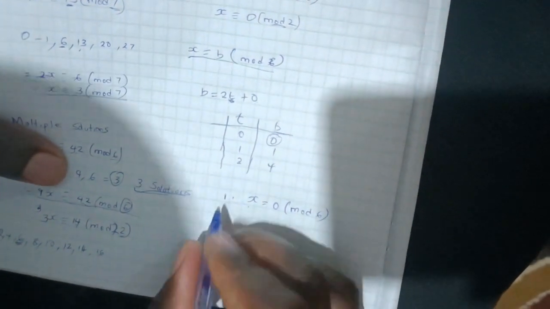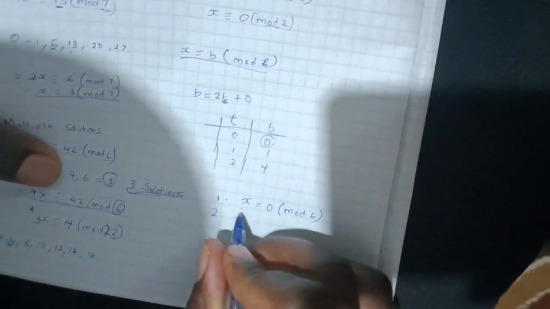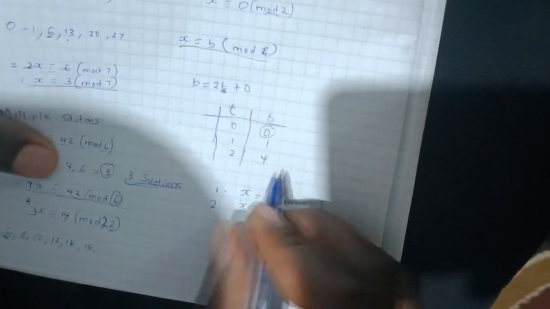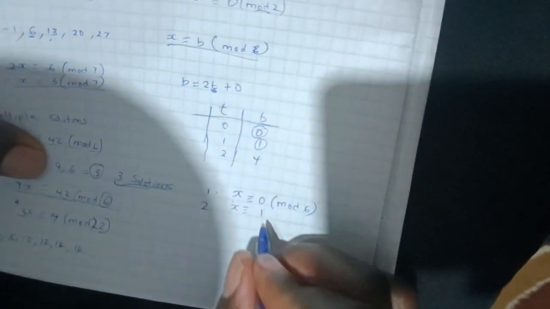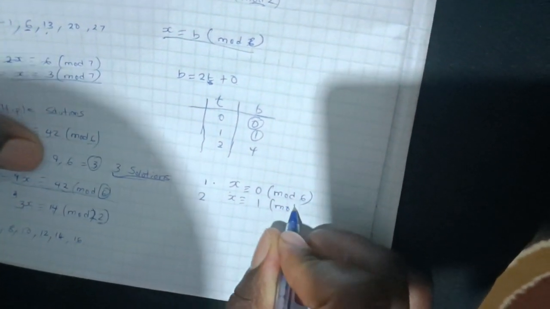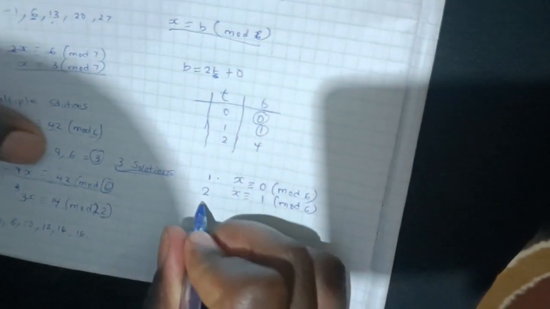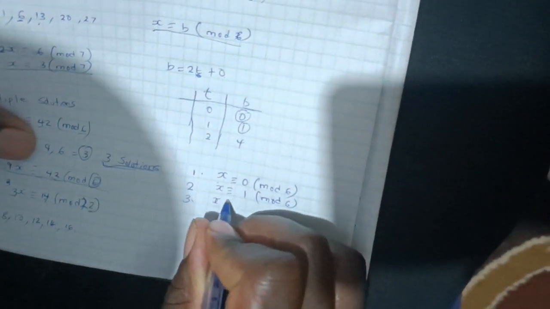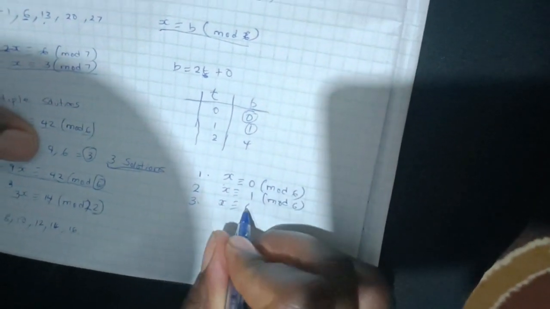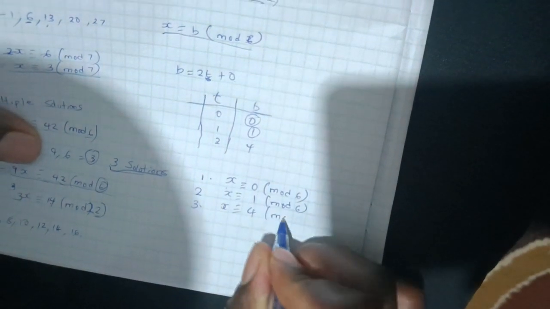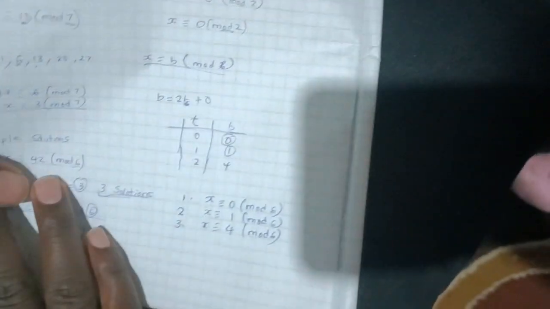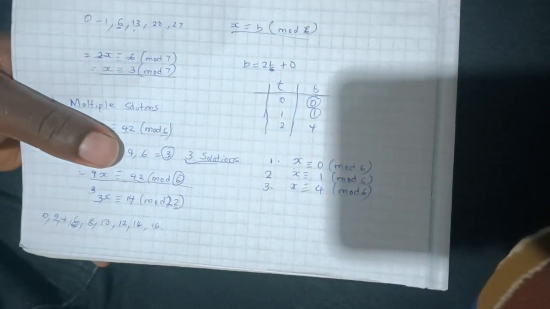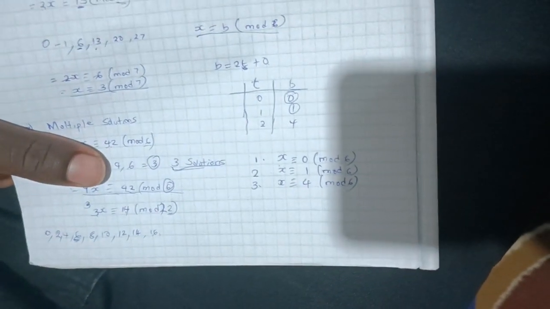The second solution is x congruent 2 mod 6. And the third solution is x congruent 4 mod 6. That is it, guys. These are the solutions.